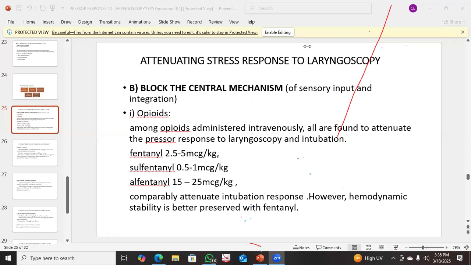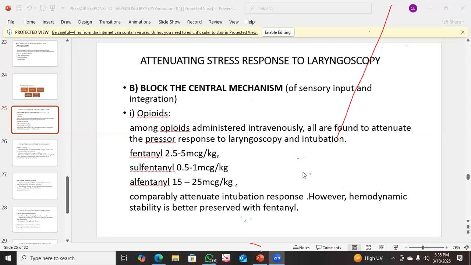Okay, the next question from Mr. Adam says, very good presentation. Does magnesium sulfate have any role in suppressing the pressor response to laryngoscopy and intubation? Yes, magnesium sulfate actually suppresses the pressor response to laryngoscopy and intubation.